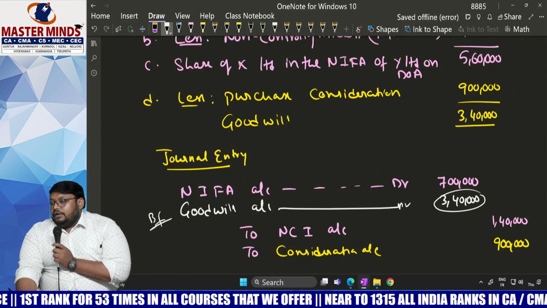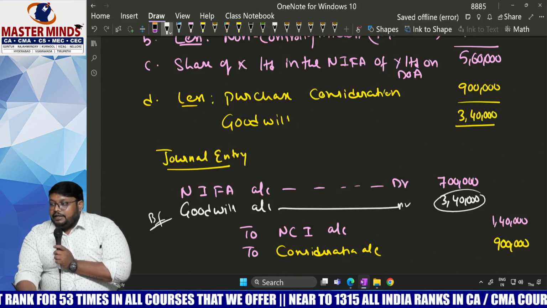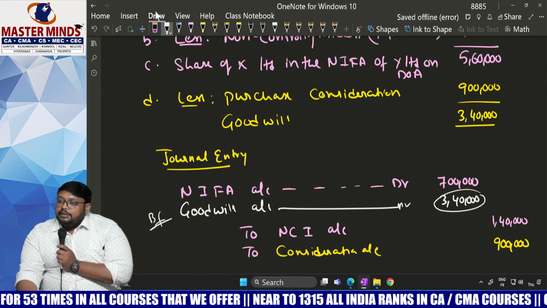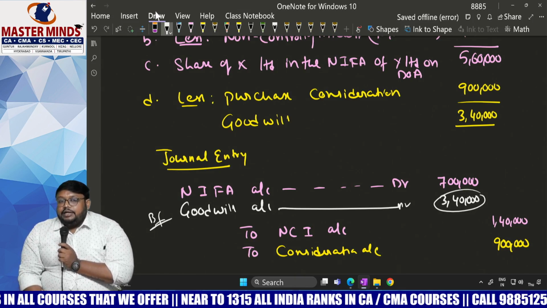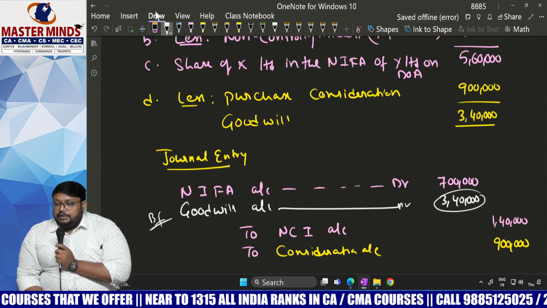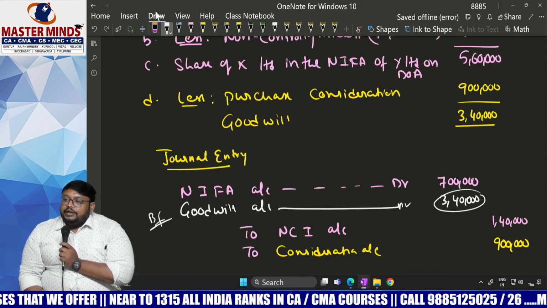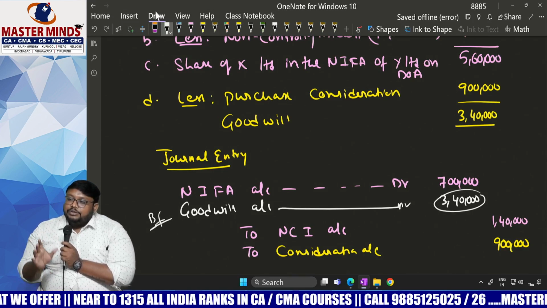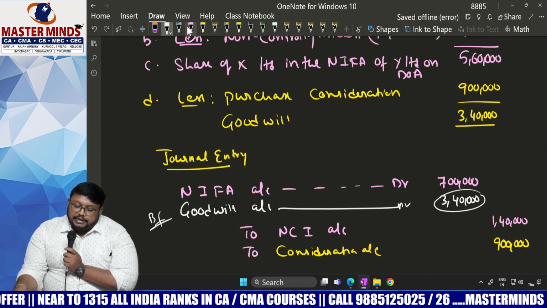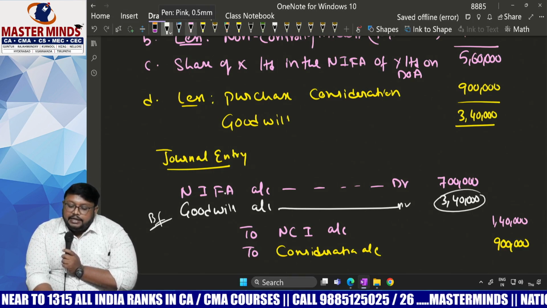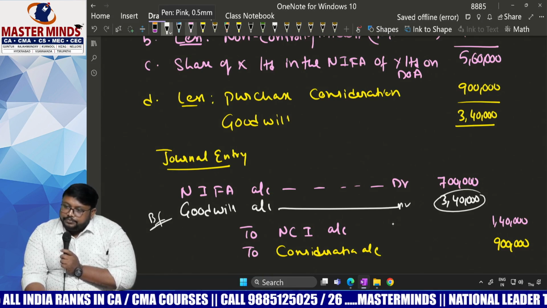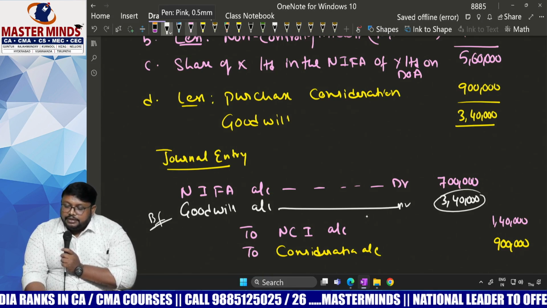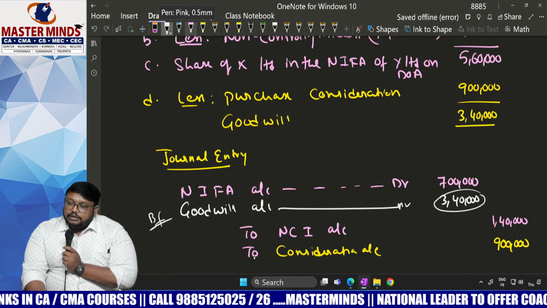Net identifiable assets were directly given in the question, so we did it like that. Sometimes they will give you identifiable assets and identifiable liabilities separately. So identifiable assets minus identifiable liabilities gives the net. In the entry, assets you debit, liabilities you credit. Instead of net identifiable assets, you write identifiable assets account debit, to identifiable liabilities, to non-controlling interest, to consideration.